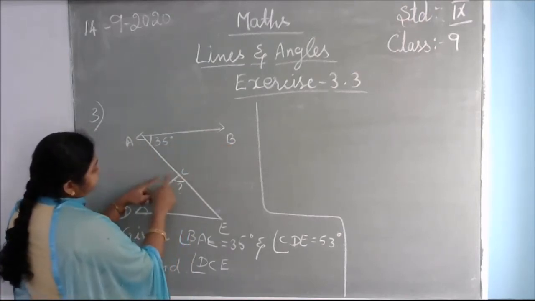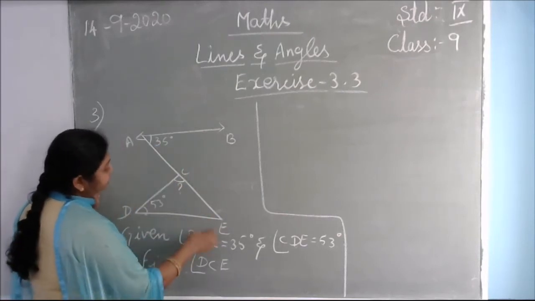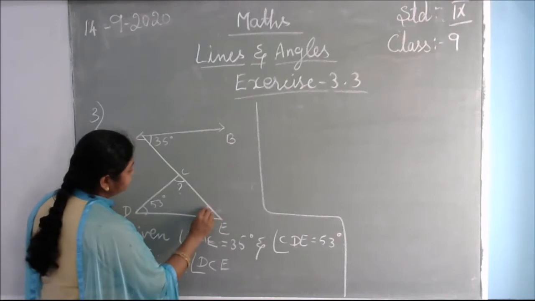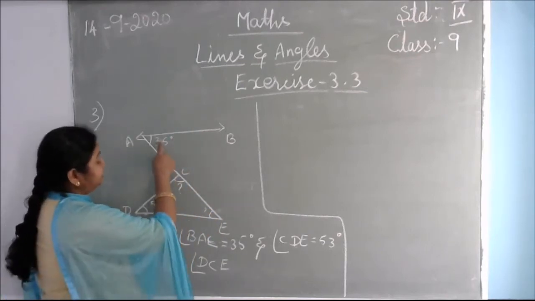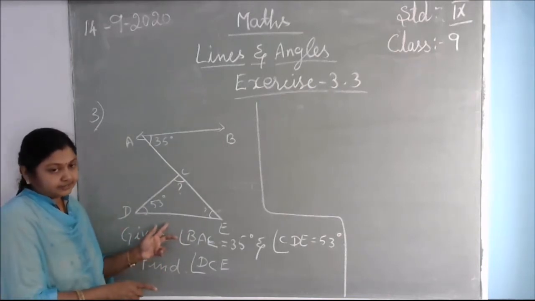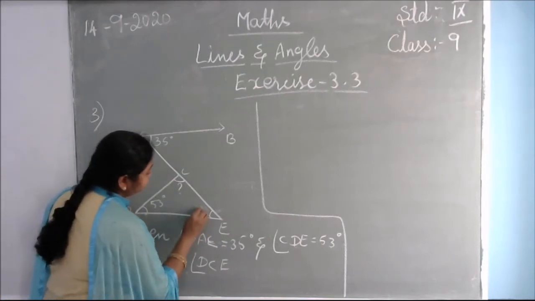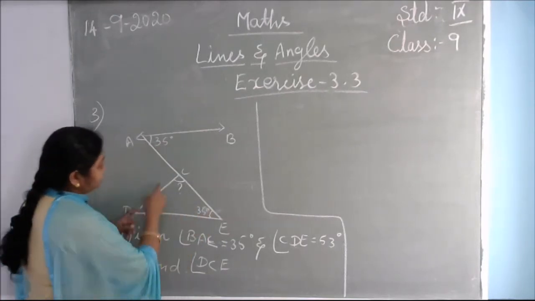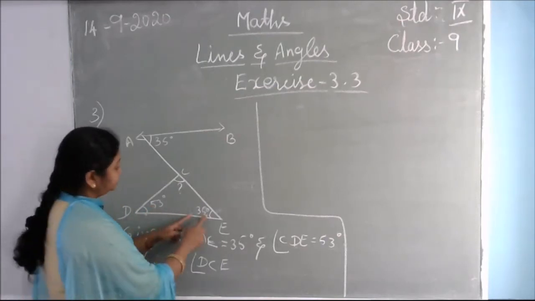BAC and CED. This angle and this angle are alternate angles. These two lines are parallel. Alternate angles are equal. I taught you in the last exercise. So this is 35 degree, which means this also is 35 degree. So now in the triangle we know how much this angle is and how much this angle is.